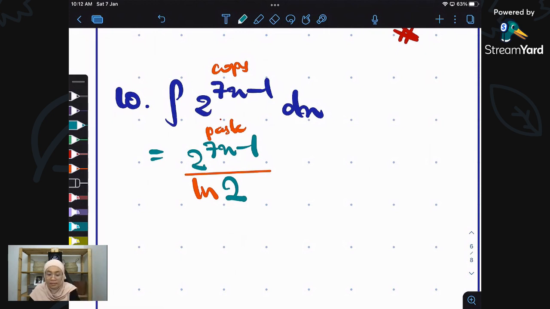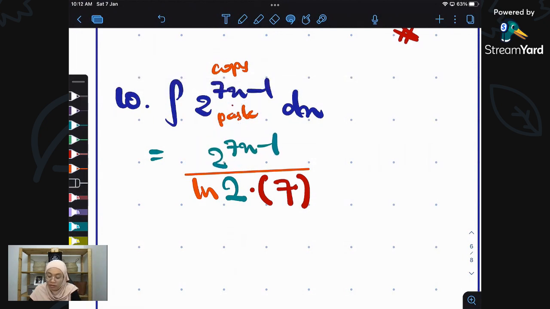Ln 2, sama je start dia. Tetapi jangan lupa, kita kena darabkan dengan 7. Where is the 7 coming from? Have a guess. The 7 is just coming from differentiating the 7x minus 1. So mestilah ditulis di bahagian bawah, bukan di atas. And then don't forget to put plus c.